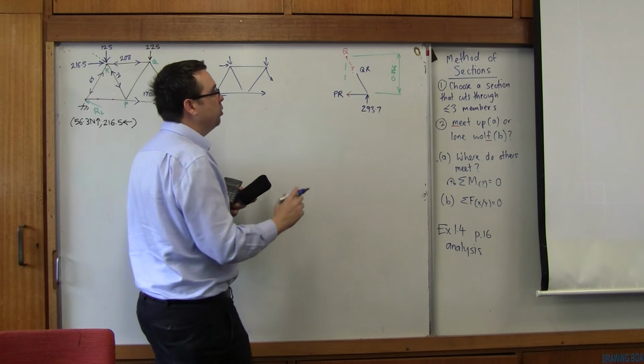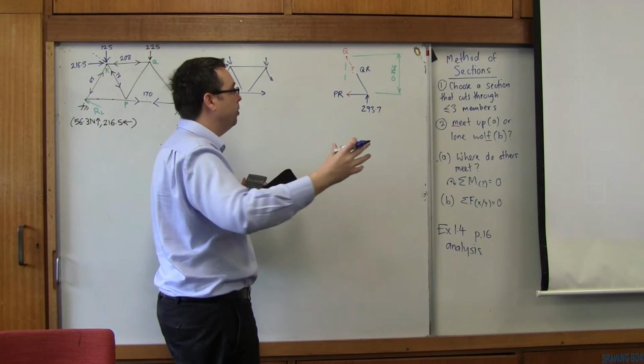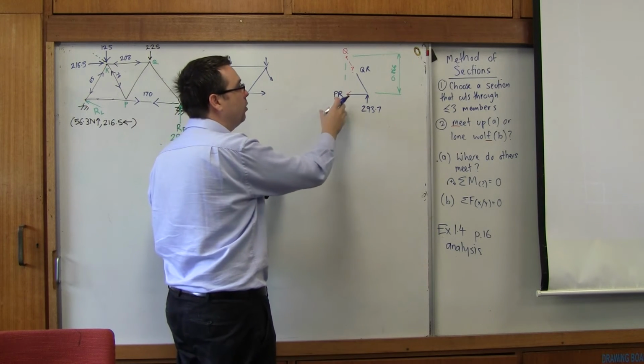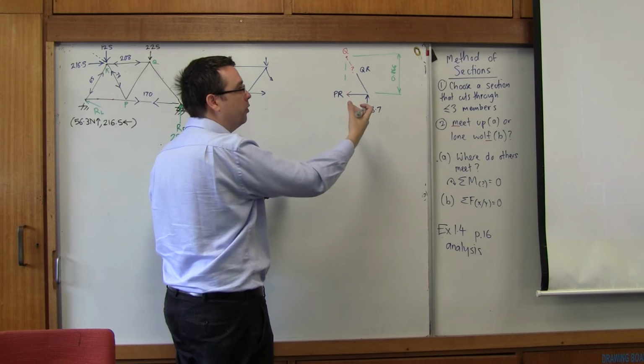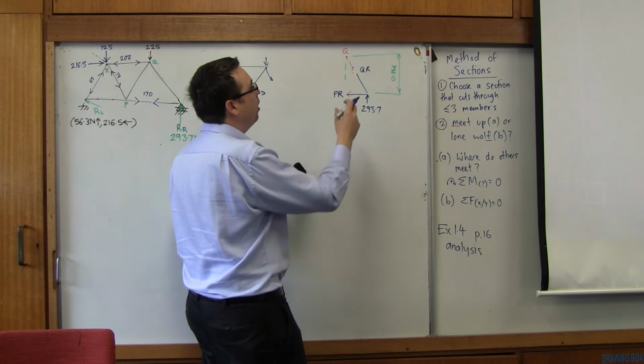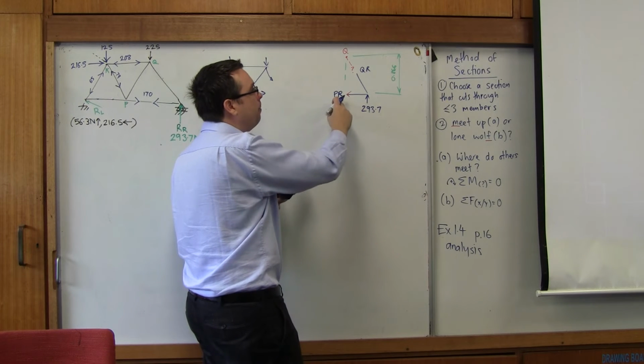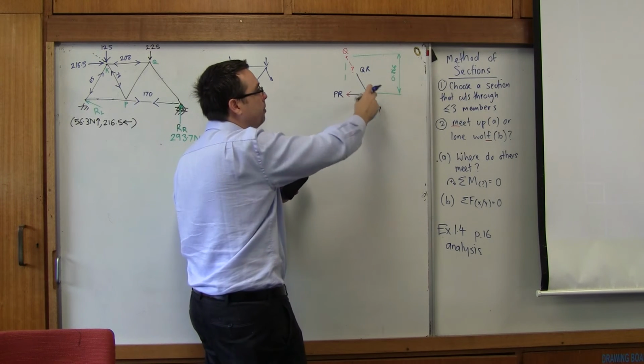Now, in this situation, we do know what PR is, and we could use that PR to say, well, QR is a lone wolf in two different directions. QR is the only thing that can balance PR's force here, but also QR is the only thing that can balance this force here.